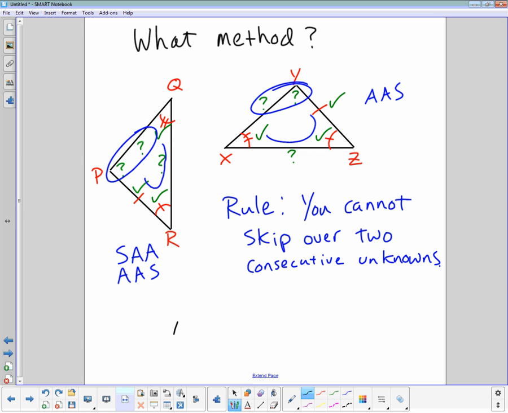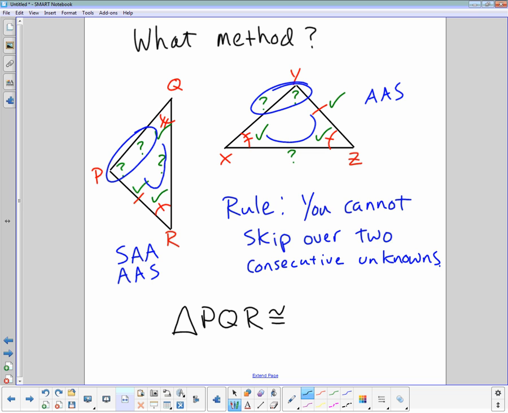Let's do triangle. The first one doesn't matter how I go. Let's just go PQR. Who is triangle PQR congruent to? What does P go to?